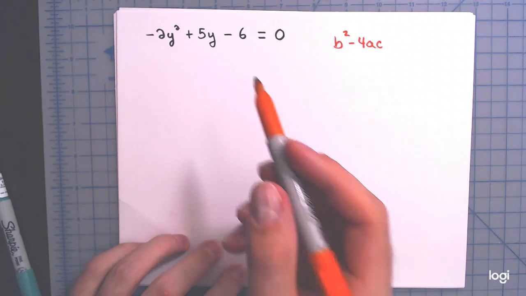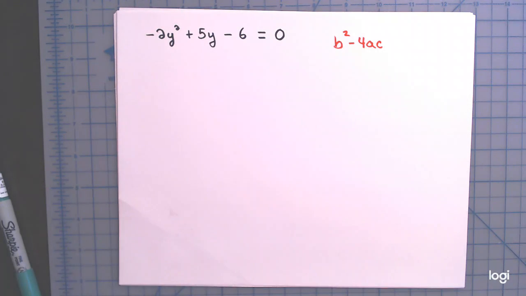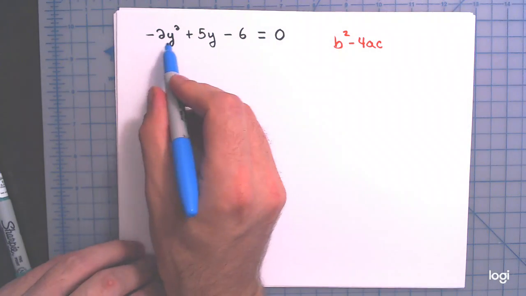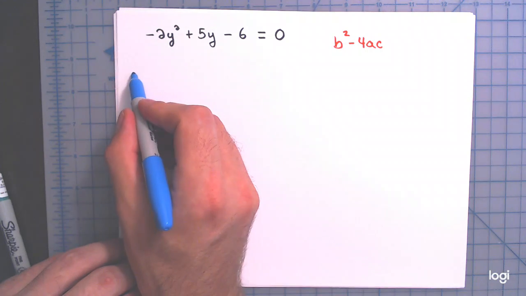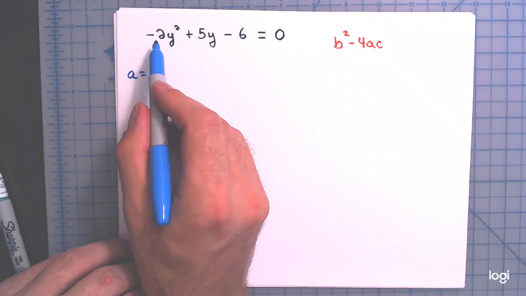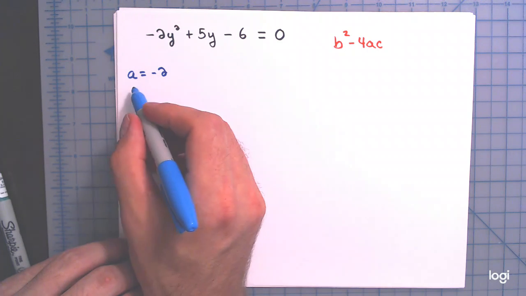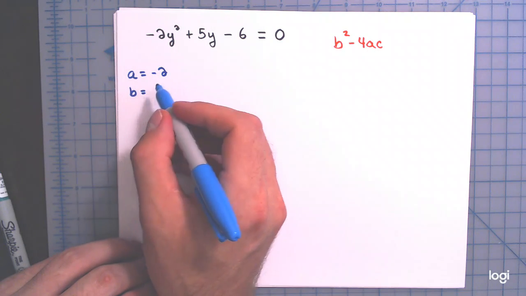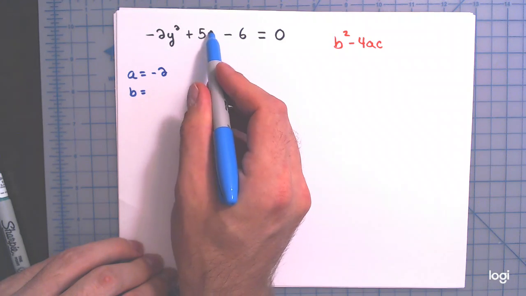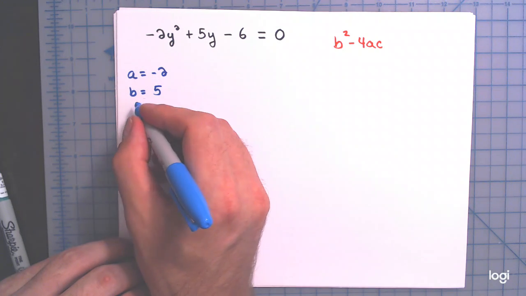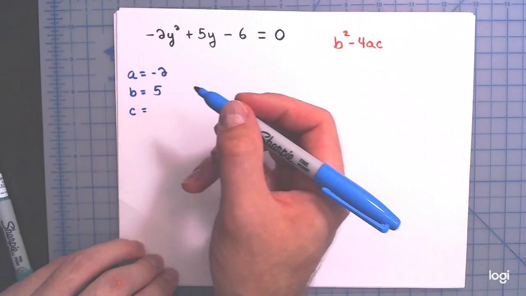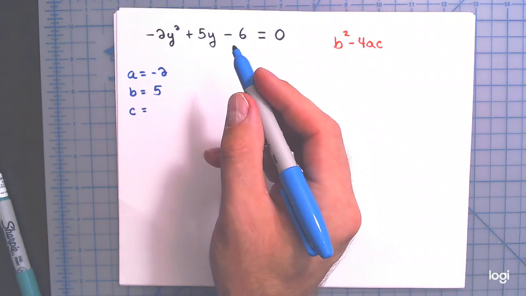Alright, so I didn't do this last problem, but let me identify them this time. In this equation, the way it looks right now, the value of a, the coefficient of y squared, is negative 2. The value of b is positive 5, the coefficient of y to the first. And the value of c, the constant term without a y attached, is negative 6.